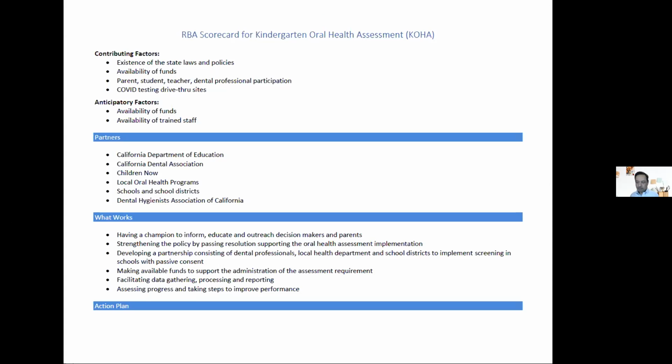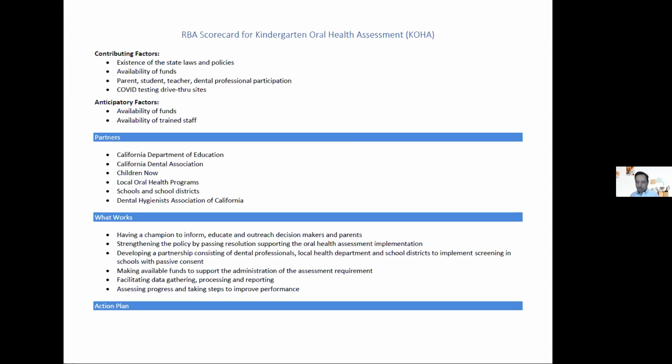So one of the things we did was push for it with the enrollment packet, just like you got one with your son's enrollment packet. Just making sure that school districts understand that just as you're asking for immunization records, please ask for this form to be filled out. And even if the form comes back from a parent saying, I opt out or I don't have a dentist, we still wanted that information.